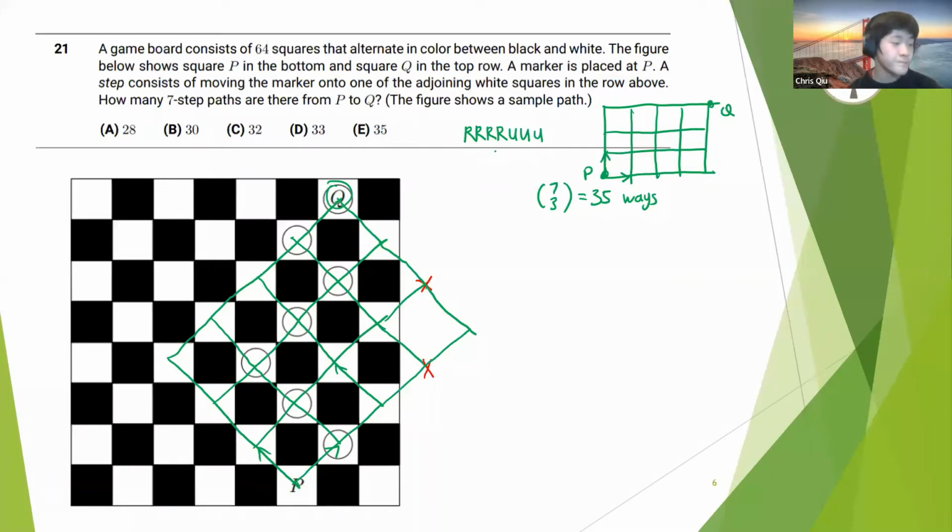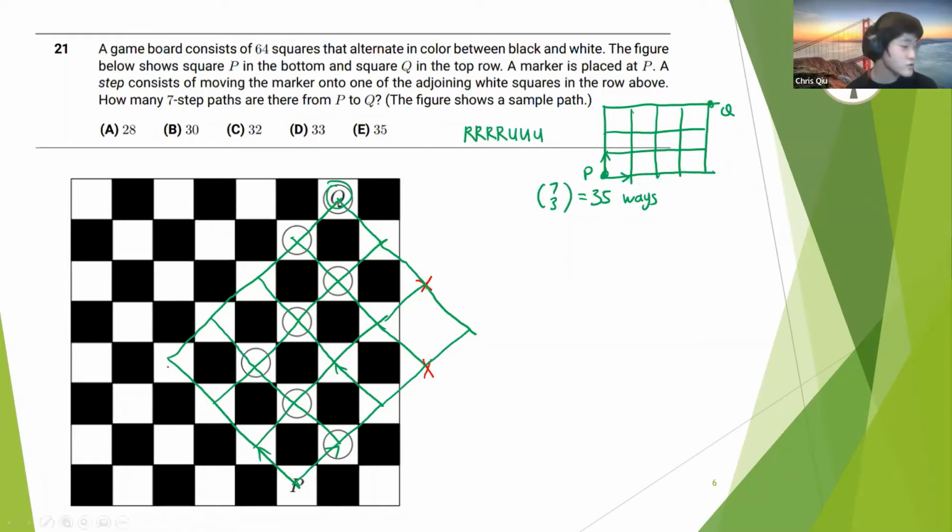And we can see that for every possible sequence of steps that go from P to Q, there's going to be a unique sequence of R's and U's consisting of 4 R's and 3 U's that contains the information of the path this marker goes through. So for example, if we were to use the sequence RRRRUUU, that would be equivalent to going 4 steps to the right and 3 steps up.